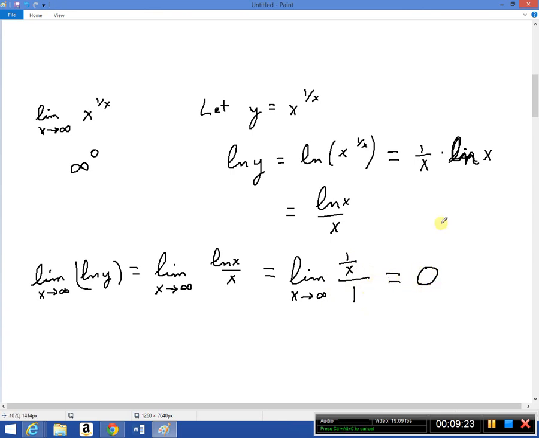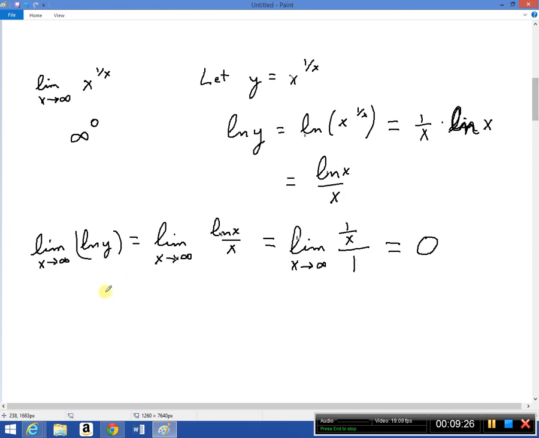So what do we know? We know that the log of y has a limit of 0. So we can write it this way. The log of y goes to 0 as x goes to infinity. But now we remember that it's not really the log of y that we're interested in. We were really interested in y. So how do we get back to that?